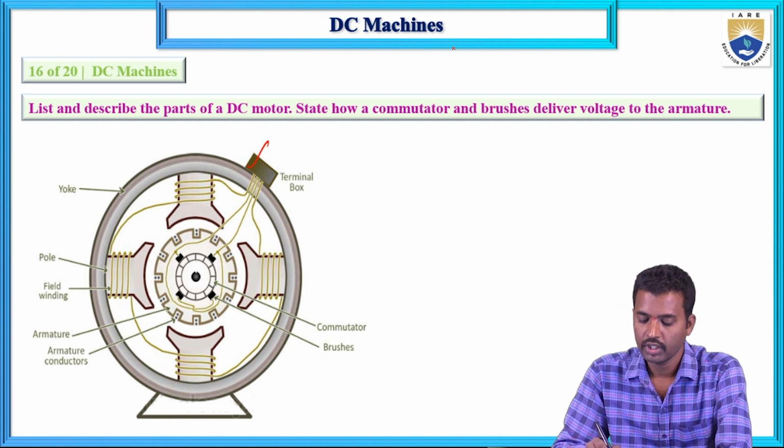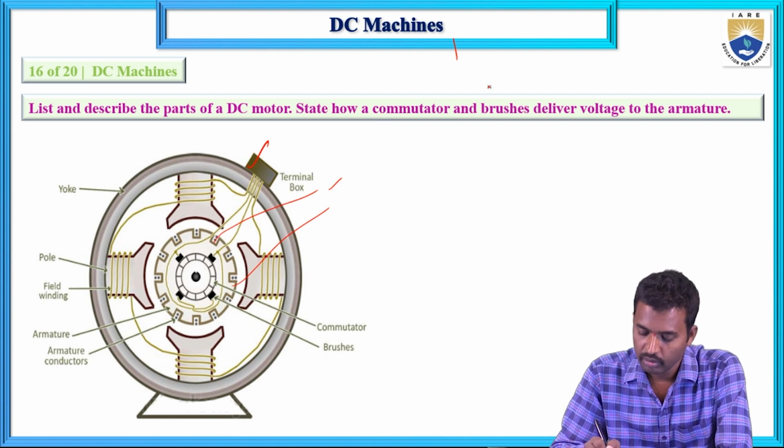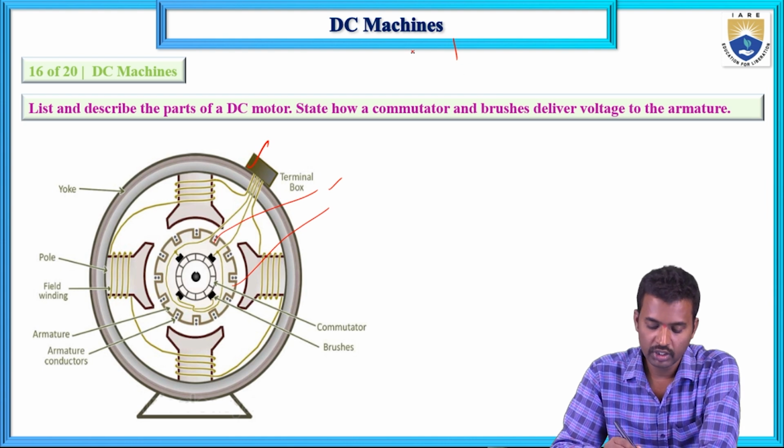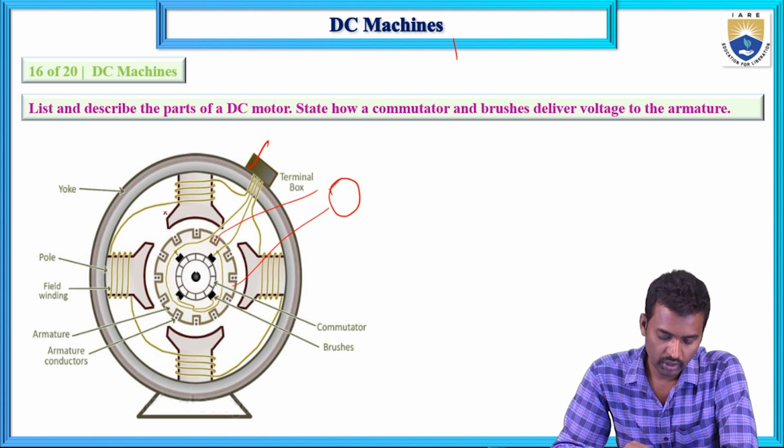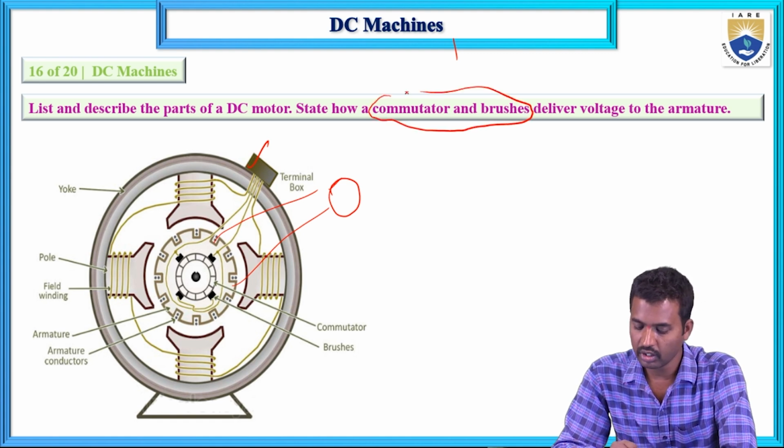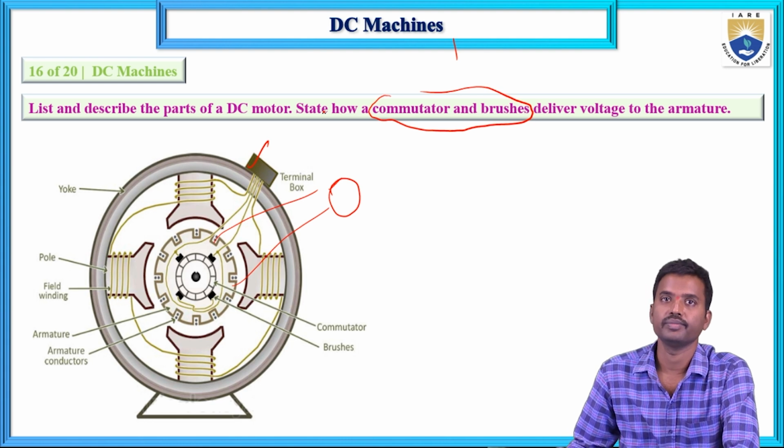If you give DC voltage to the armature in the case of a DC motor, it is given through the brushes and commutator. So from the stationary voltage to the rotating armature, the commutator and brushes deliver the voltage to the armature.